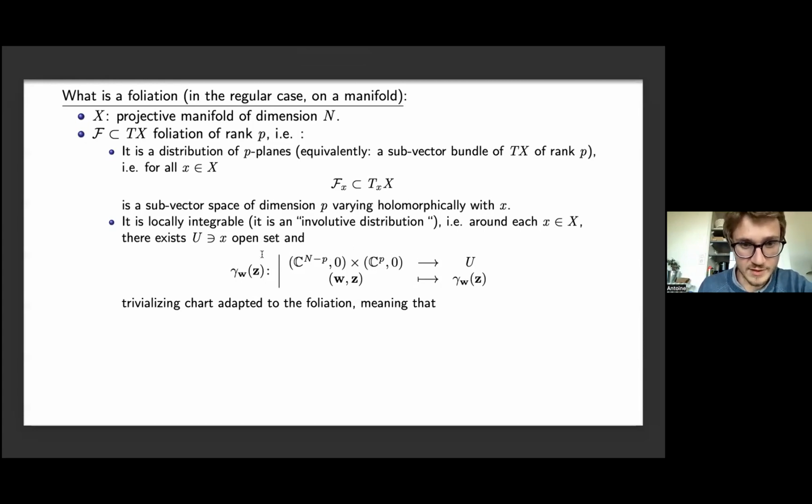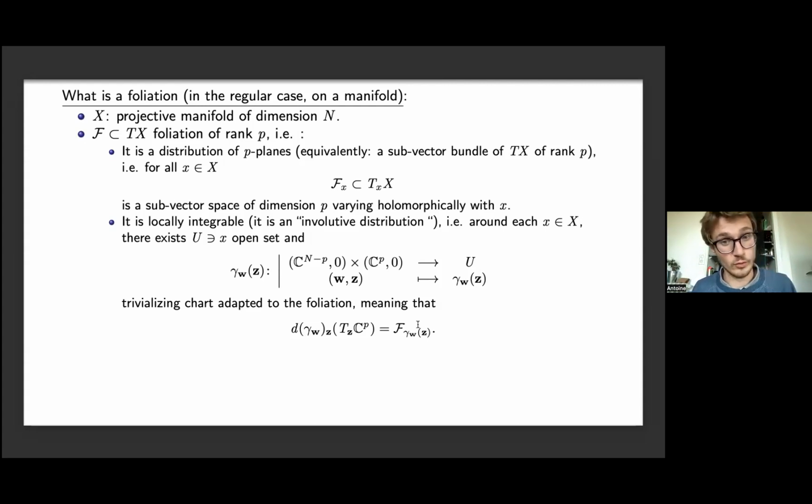We require that it be adapted to the foliation in the following sense: if you differentiate this map according to the variable z, and apply it to the tangent space at z of C^p, then you recover your foliation at this point. Said otherwise, this trivialization is a local integration of our foliation, since when we differentiate it, we recover the foliation. This is why we say that it is locally integrable.